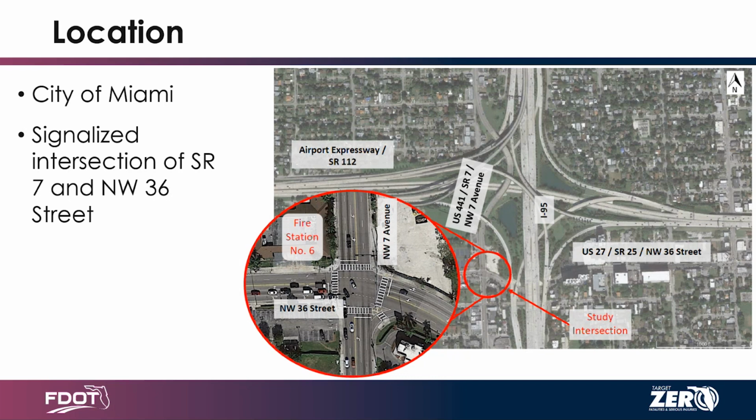There are some off ramps and on ramps, and at the actual intersection itself, State Route 7 runs northbound and southbound, and Northwest 36th Street runs eastbound and westbound. We also wanted to note that there is a fire station in the northwest quadrant of the intersection, and there are some other businesses scattered across.